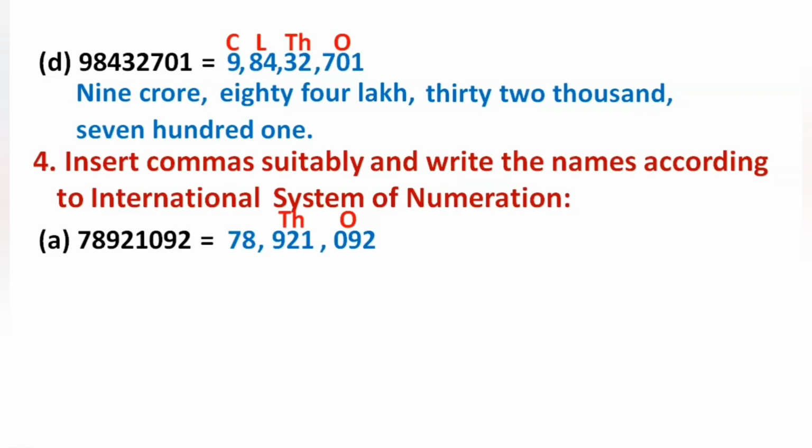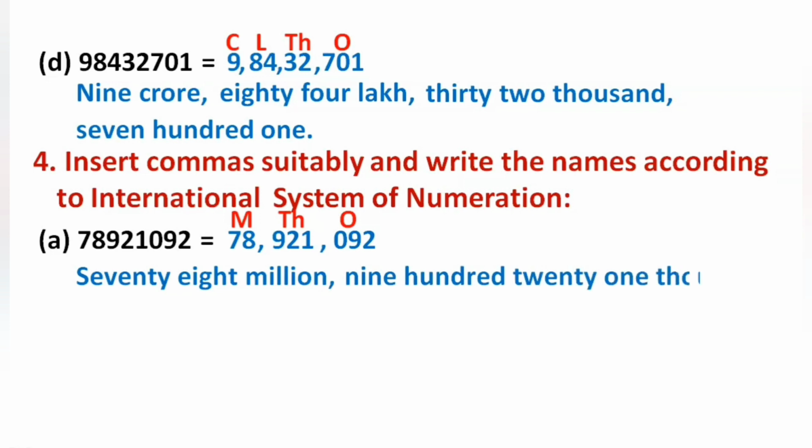Now the periods are here ones, thousands and millions. As 78 is in millions period, let us write it as 78 million, and 921 is in thousands period, so 921,000, and 092 in the ones period, so simply write 92.